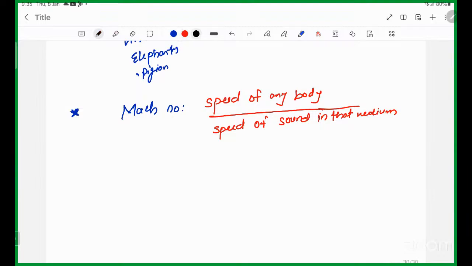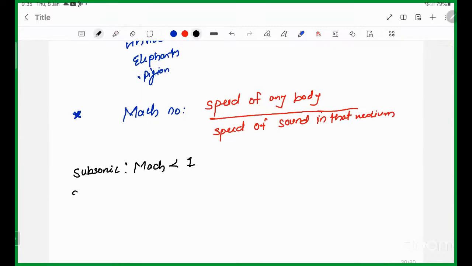In case of subsonic, the Mach number is less than one. The ratio should be less than one, it is called subsonic.